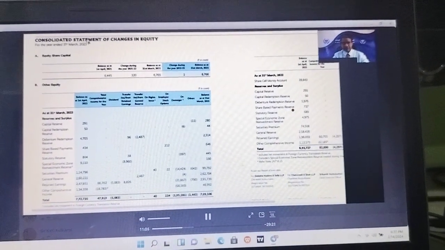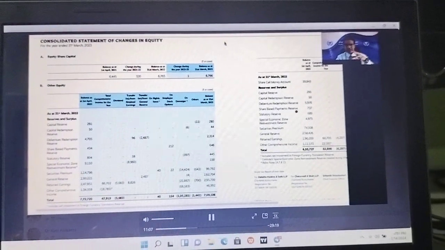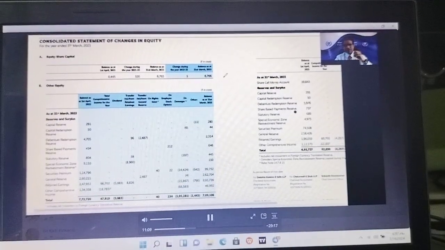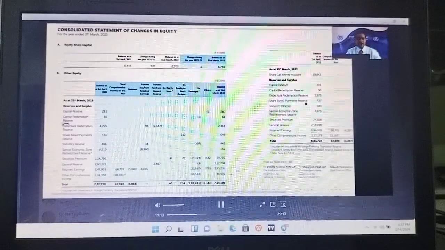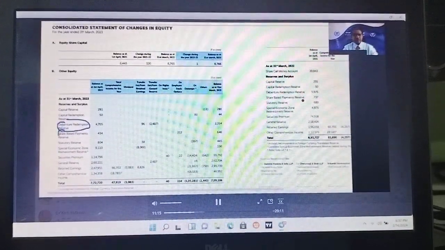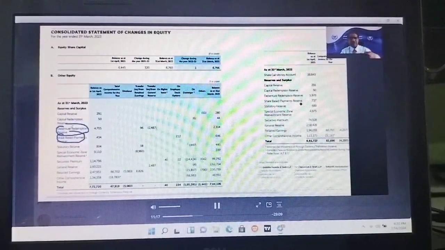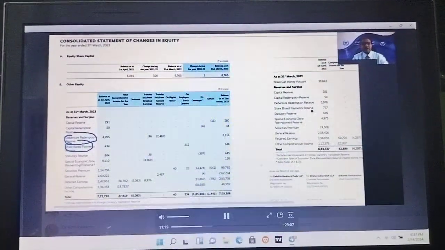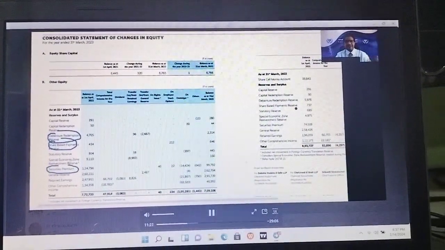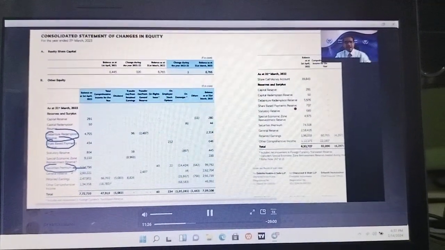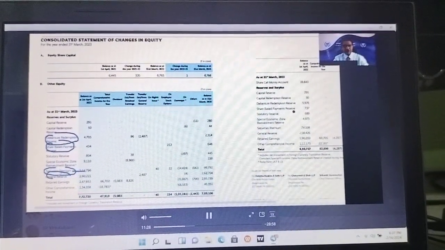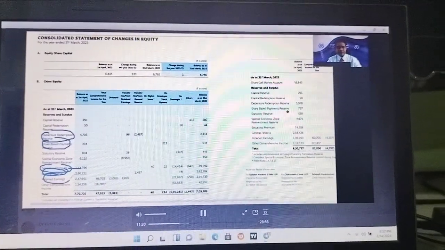So the change in equity statement is a comprehensive statement which mentions debenture payments and share payments if received, called security premium. Security premium means if a shareholder makes a payment, it is mentioned in this column. And then reserves: general reserve, retained reserve.